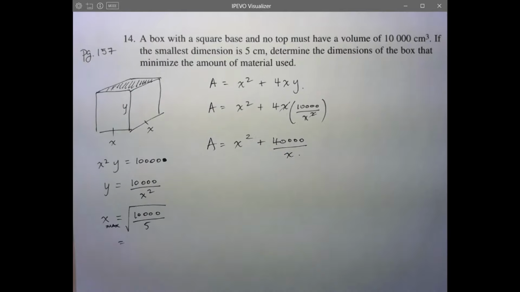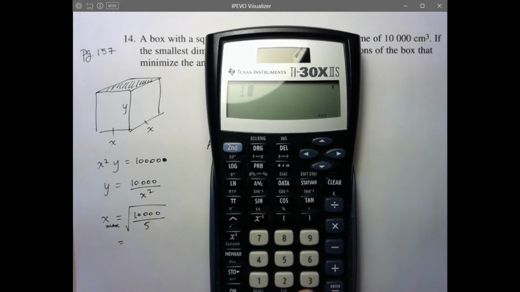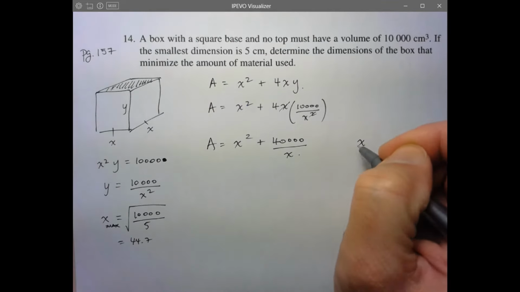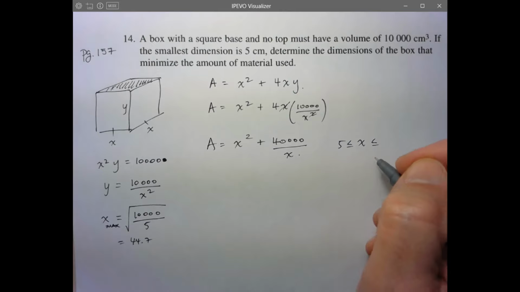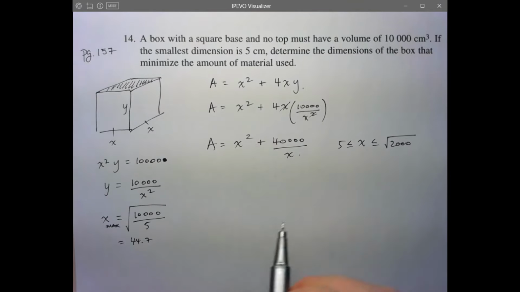So 10,000 divided by 5, exponent 0.5, so 44.7, more or less. That means X has to be bigger than or equal to 5, and less than or equal to the exact value, the square root of 2,000, which is about 44.7. So we are working on a closed interval.